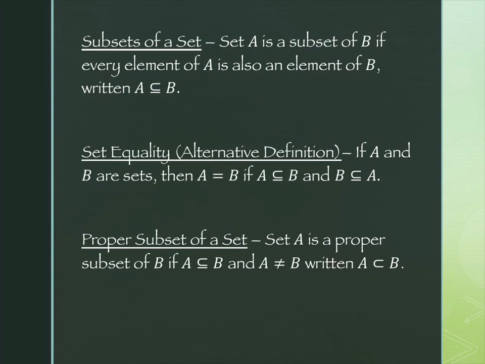So a set A is a subset of B if every element of A is also an element of B. The notation is that A, we read this, is contained in B. So contained in means it's inside of.